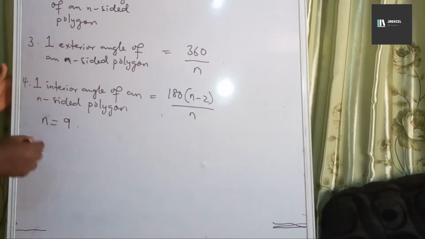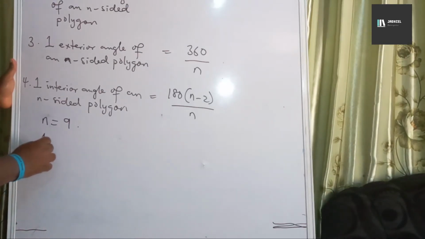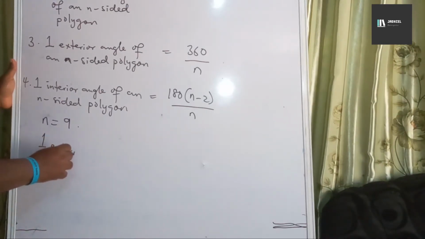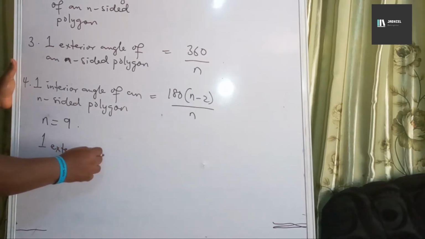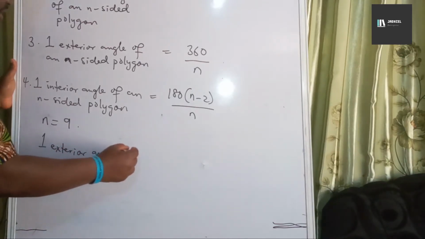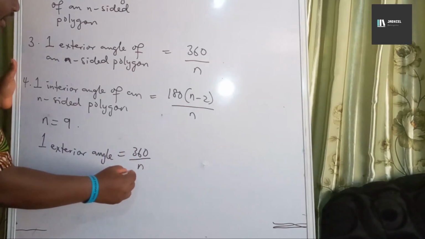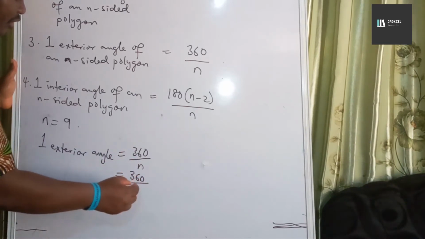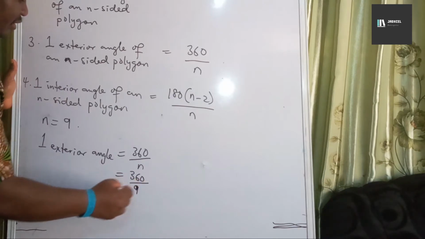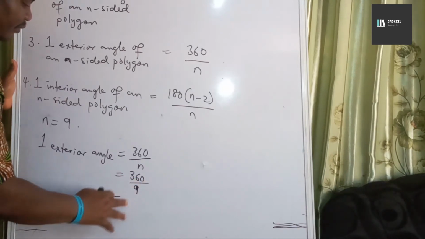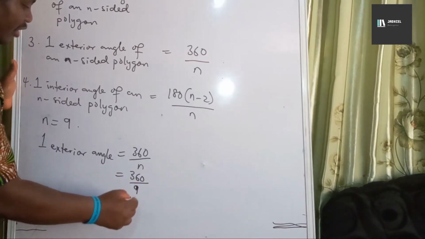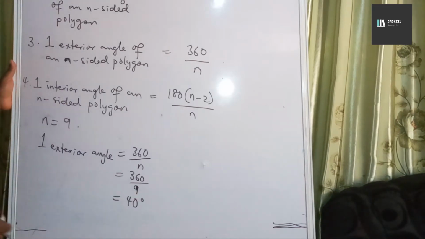So we can say one exterior angle equals 360 over n. What is the value of n? 9, because the polygon is 9-sided. So what will be the value of one exterior angle? That will be 40 degrees. I hope we are getting that.